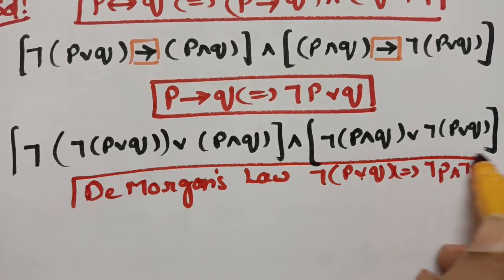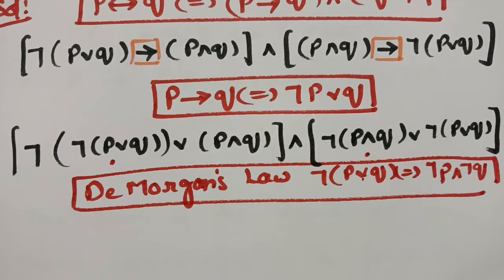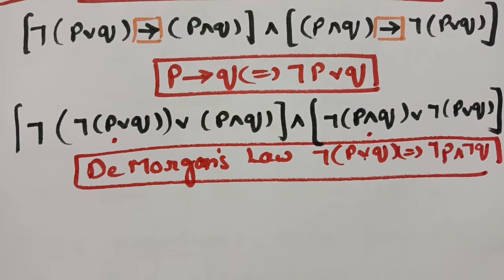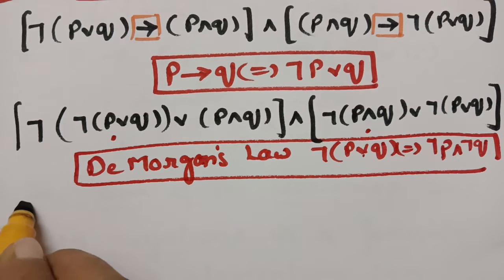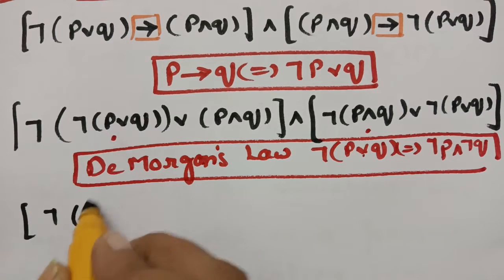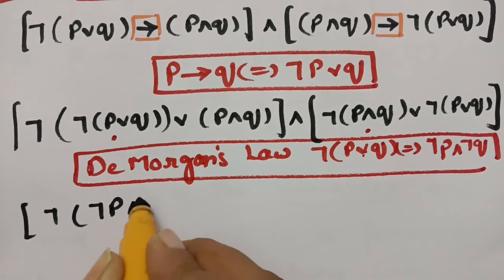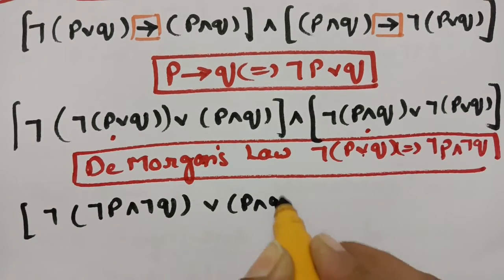This is the formula I am going to use here as well as here. And if I send this negation inside, this will become negation of (negation P and negation Q), or (P and Q).